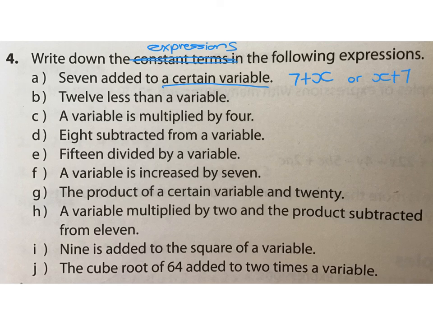B, 12 less than a variable. Again, anything. If you maybe saw a variable and you thought you had to make it a, then go for it. Then you're going to say a minus 12 or x minus 12. But very importantly, not 12 minus x.